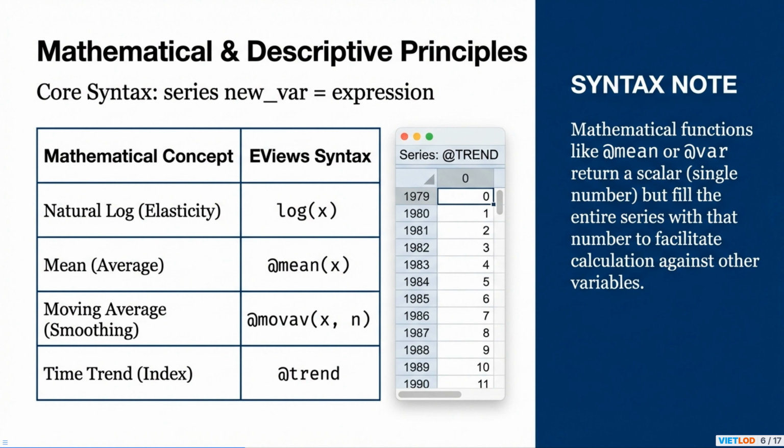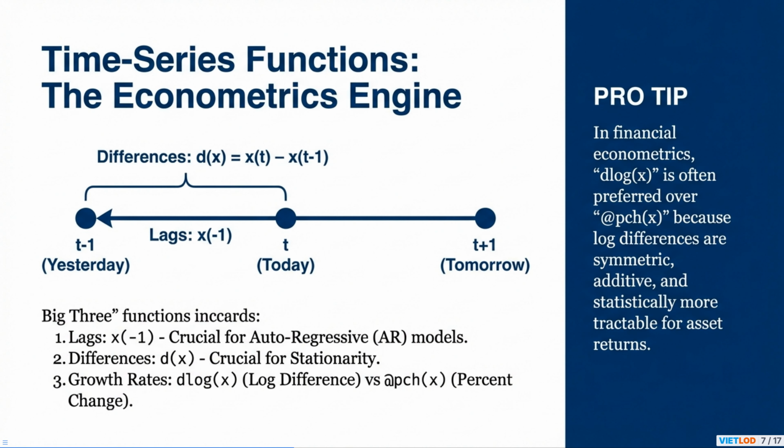While it returns a single scalar value, EViews fills the entire new series with this value to facilitate further calculations, like demeaning a variable. Other useful functions include @moveAv of x, n for smoothing data by calculating an n-period moving average, and @trend for creating a simple time trend variable, often used to capture deterministic trends in a regression.